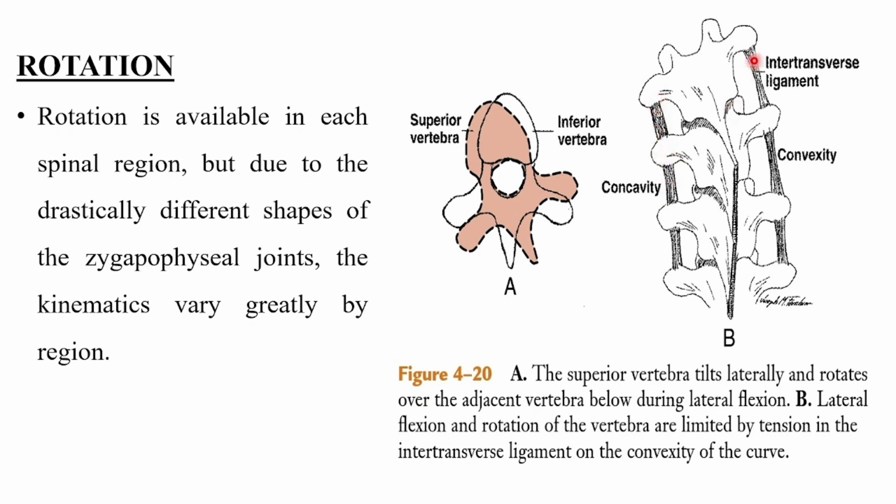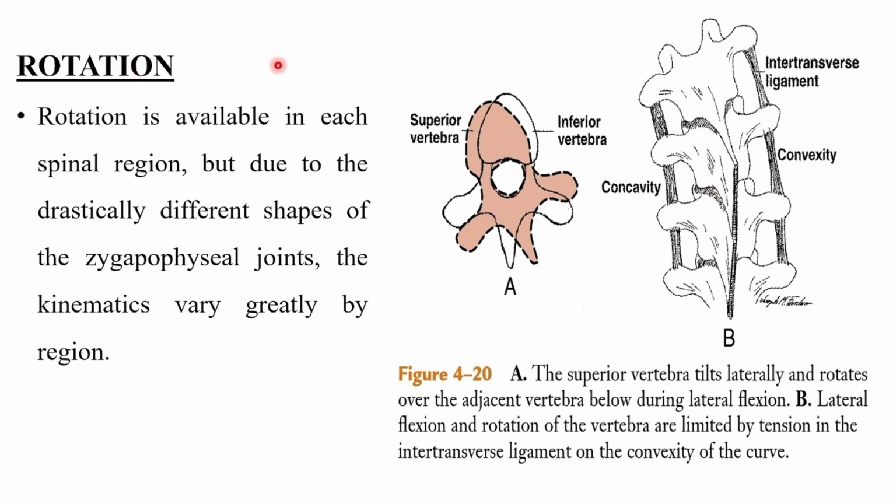So the excessive lateral flexion towards your left side will be prevented by the intertransverse ligament and the muscular stretches over your right side, or your convexity curve. Exactly the opposite happens for your right lateral flexion also.